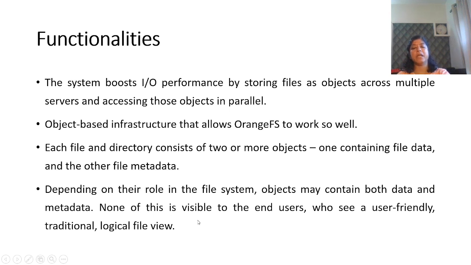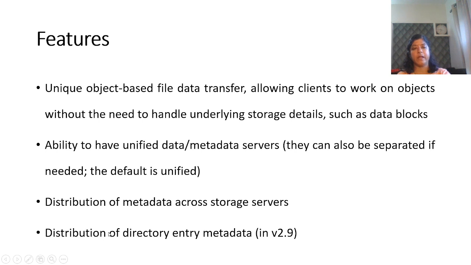None of them is visible to the end users, who see a user-friendly traditional logical file view. The unique object-based file data transfer allows clients to work on objects without the need to handle underlying storage details such as data blocks.